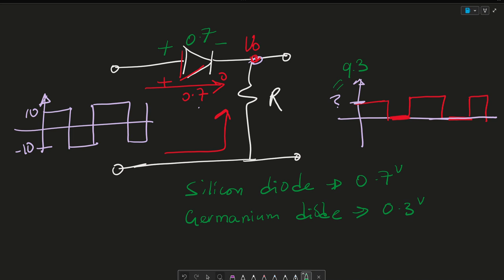And this is used in high frequency applications and for signal detection due to lower forward voltage and faster responses. So that's the germanium. And the silicon diode is commonly used in power electronics and digital circuits due to its high breakdown voltage, and it's a little bit more stable.